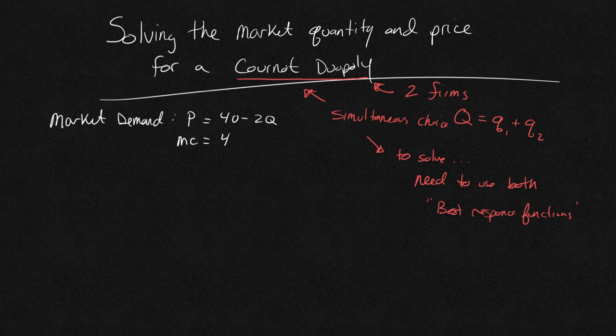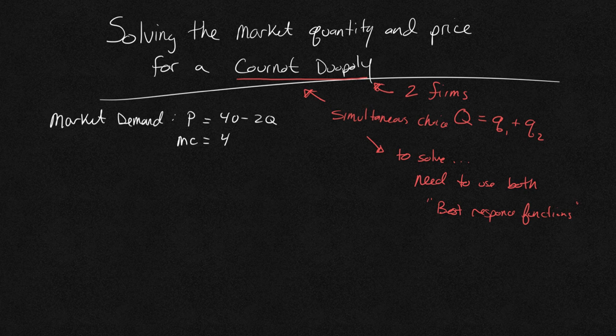And we're going to work on that when we do the question out over here on the left. So Cournot, what you need to remember: two firms if it's a duopoly, and it's a simultaneous choice, so we're going to be using their best response functions. So let's go ahead and do this example, and I'll keep referring back to what we mean by best response function, simultaneous choice, etc.